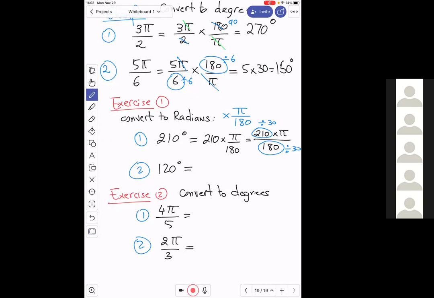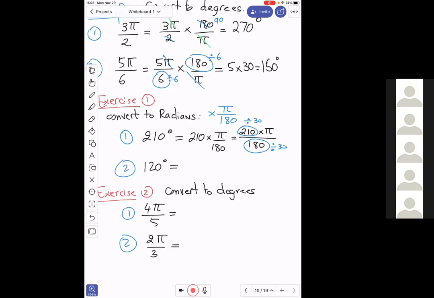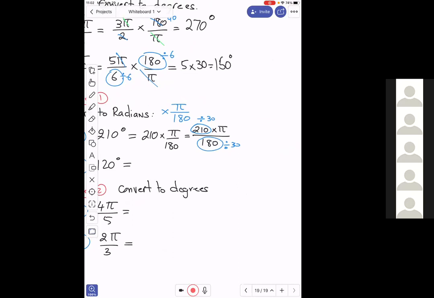So this is now equal to, if you divide 210 by 30, that's 7, right, times pi over 180 over 30, that's 6.